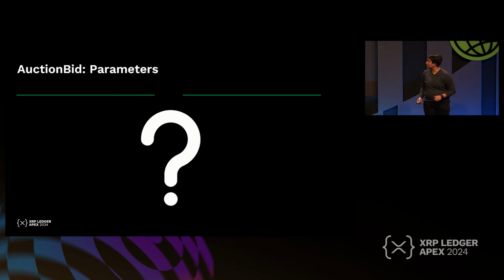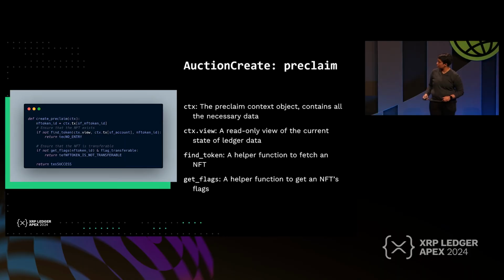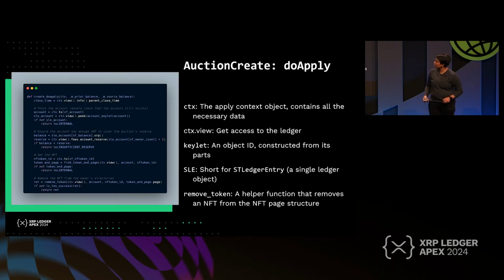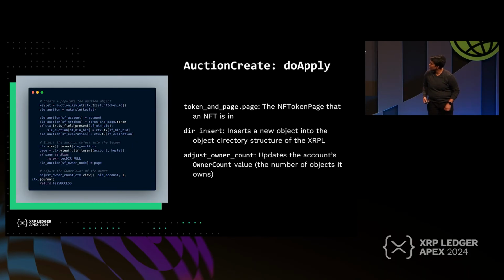If I go back a few slides, where is it? So the auction keylet, the keylet is basically constructing an object ID from the parts that make it up. For example, an NFT ID has the flags and the issuer sort of encoded in it.